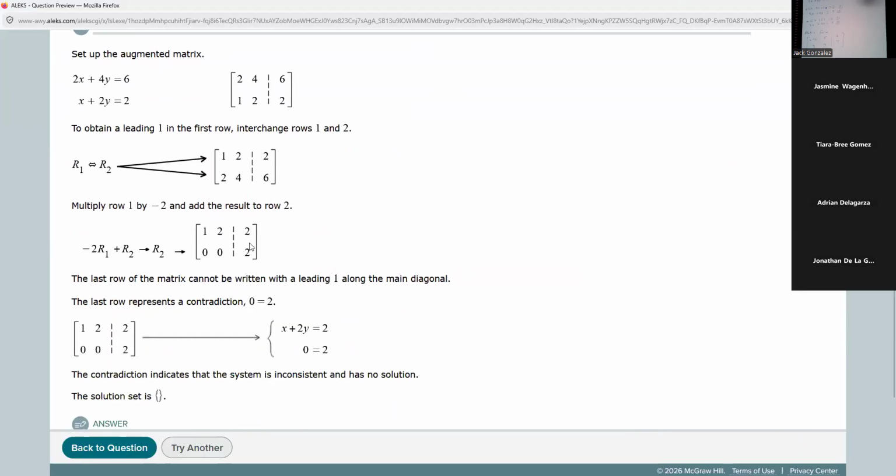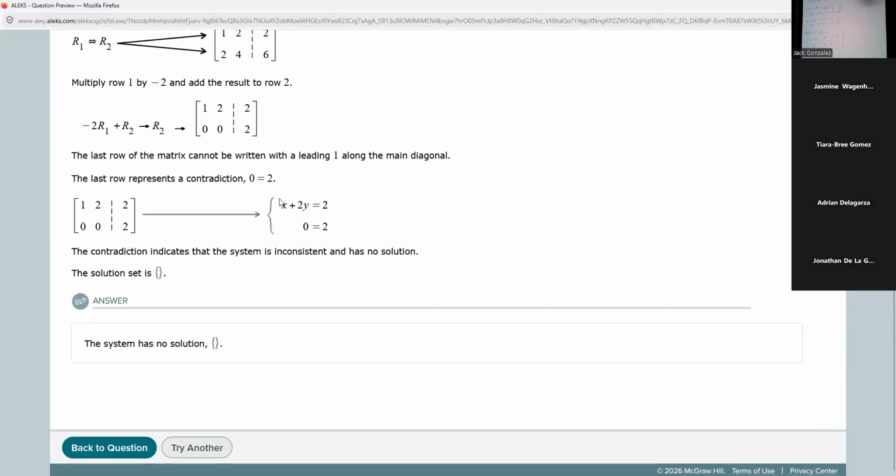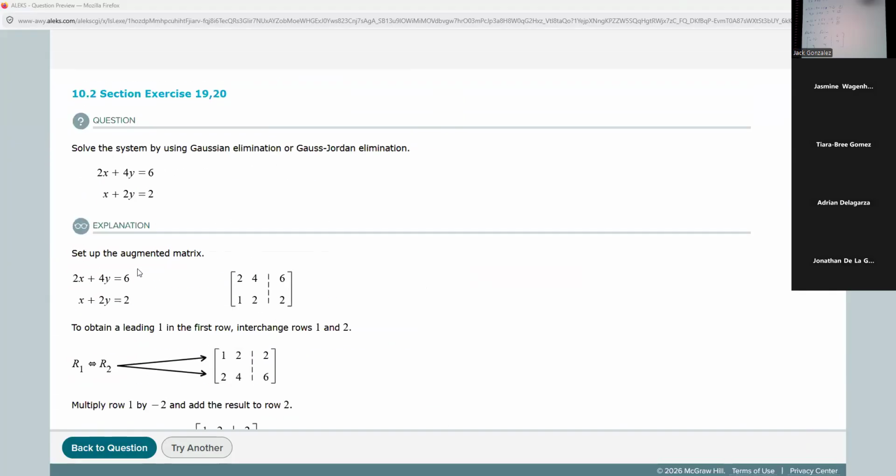Now they did a bunch of row operations, so this is kind of annoying, but we use the calculator to jump straight to here. And when you change it into equations again, you can see 0 is not equal to 2. That makes no sense. So no solution. Okay, so use the solver to get this. Are there any questions on this problem?